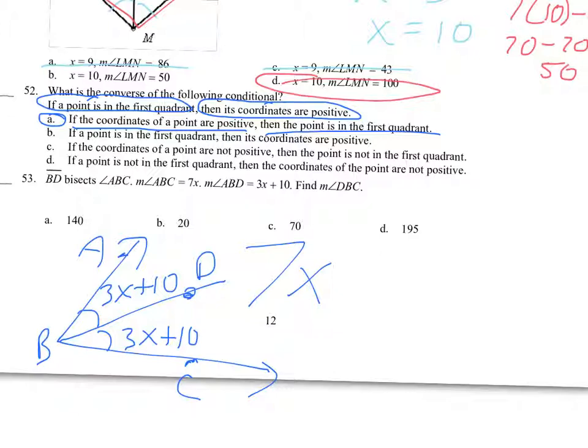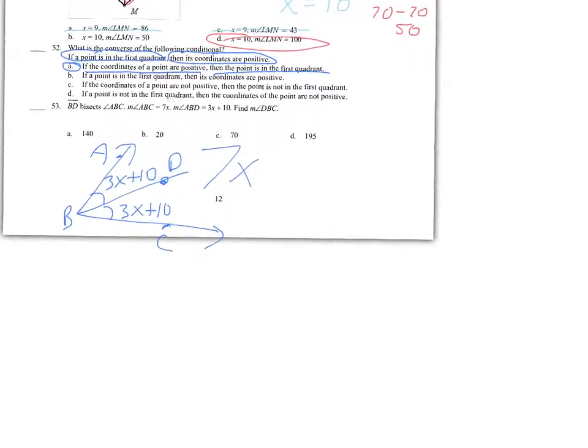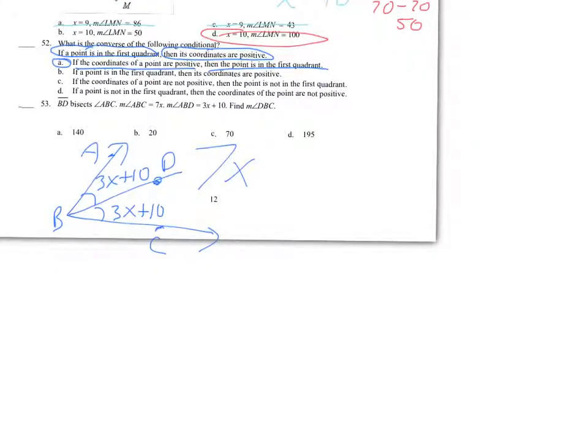So if we were going to write an equation for this, we could say, let me zoom this out so I have room to work here. We could say 3x plus 10 plus 3x plus 10 equals 7x. Combine like terms, 6x plus 20 equals 7x.